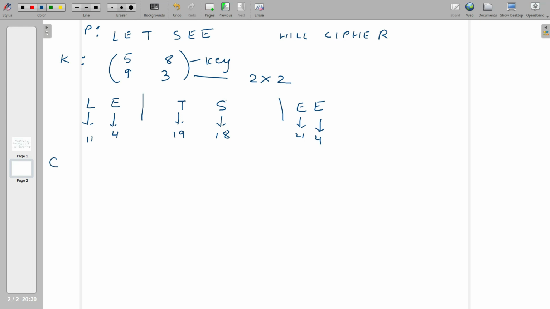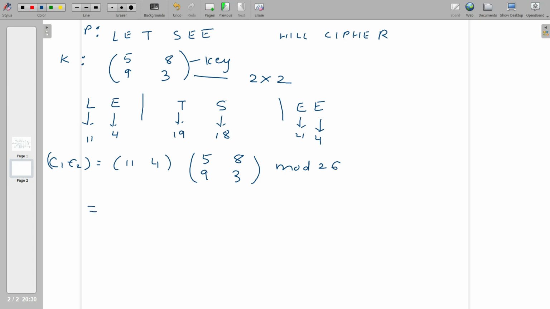The ciphertext, C1, C2, for L and E is going to be 11, 4 multiplied with 5, 8, 9 and 3. It is going to be a mod 26 operation.